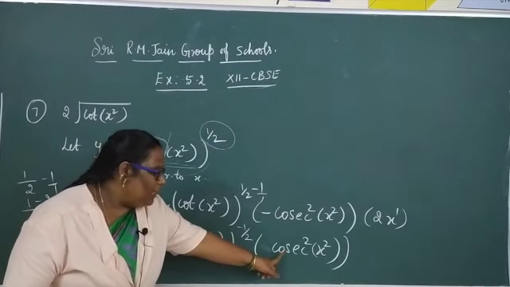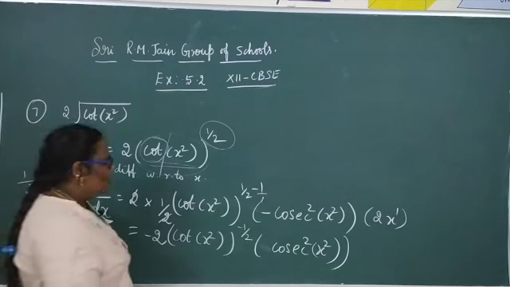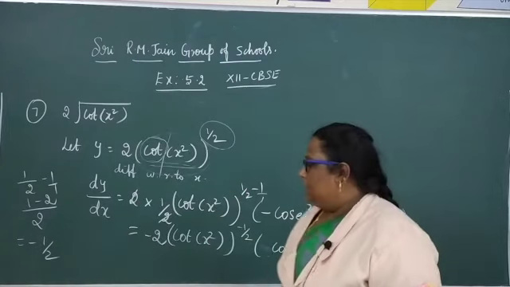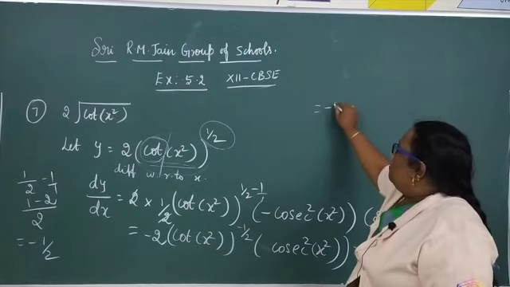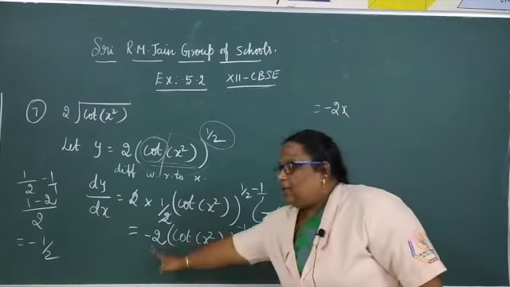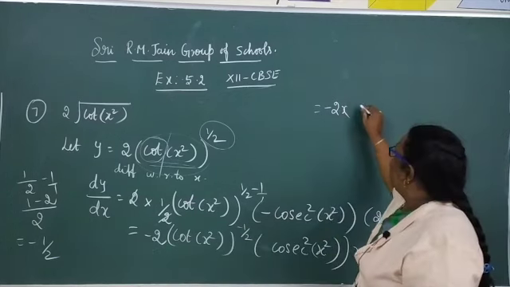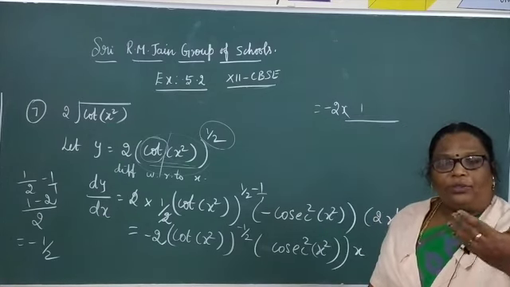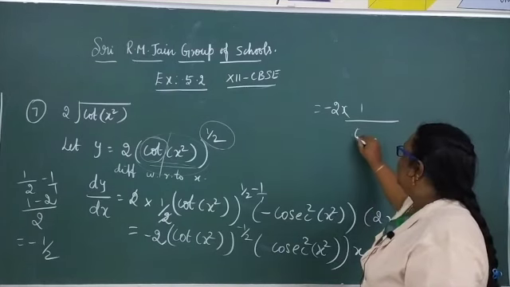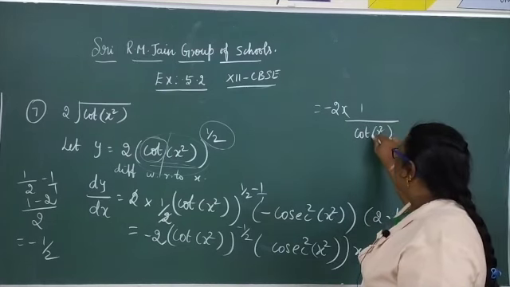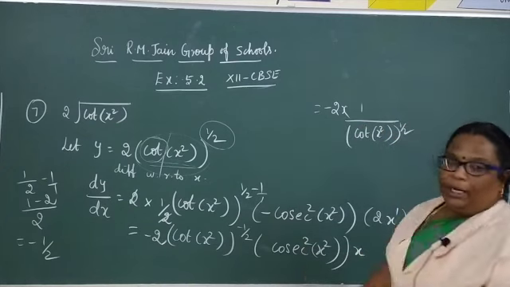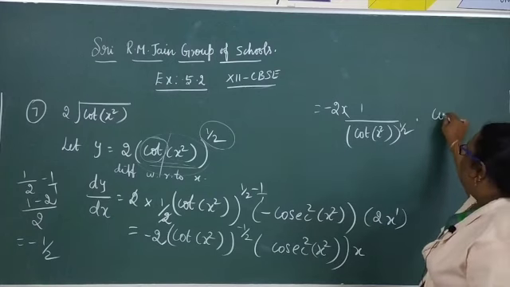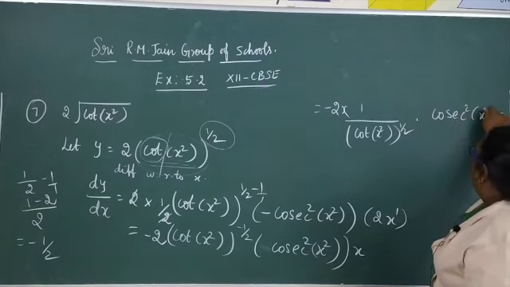What is the remaining thing? Cosecant square x square into, what is the term left out here? X. See here, you will write minus 2x into 1 by cot of x square whole power 1 by 2, because I bring the power, it is in a negative form, so I bring it to the denominator and it becomes positive.